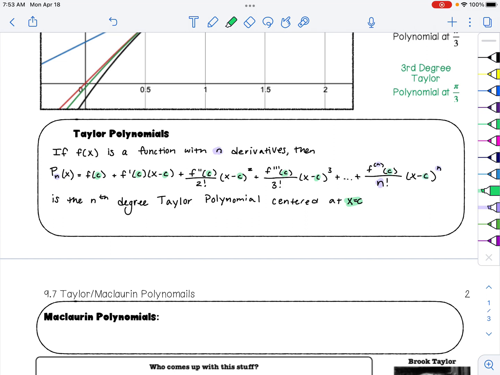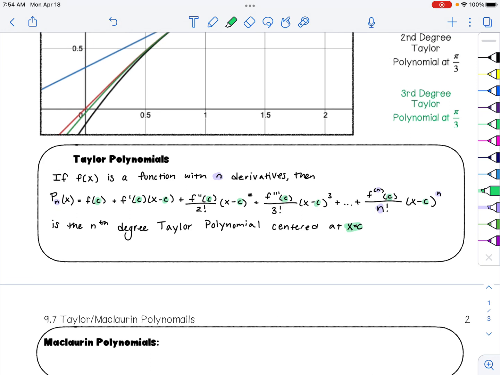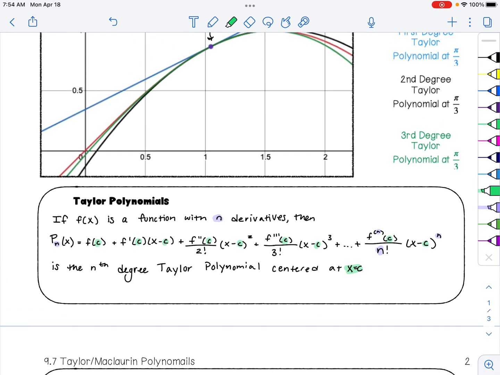It's just going to change depending on what your derivatives are, what the derivative values are at c, and so on and so forth. So it's always the nth derivative at c divided by that same n factorial value times the x minus the center point all to the nth power.